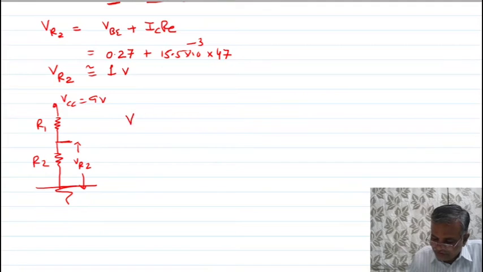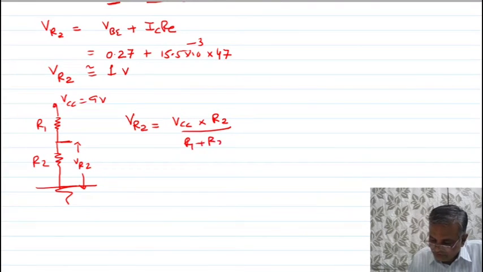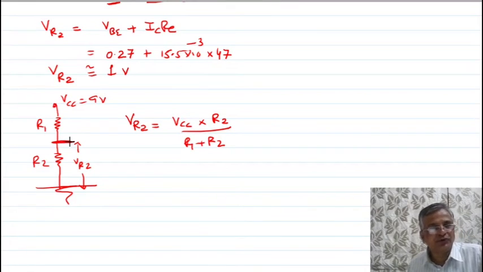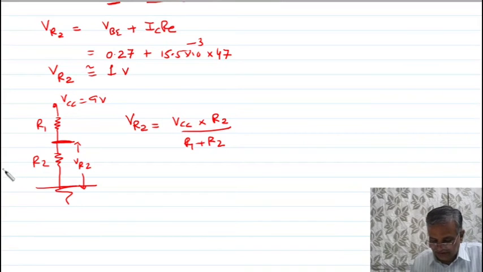You already know the equation. Voltage across the second resistor is supply voltage into resistor R2 upon R1 plus R2. You know this is the voltage divider equation. If you do not know, then tell me. Voltage across this is nothing but the applied voltage into this resistance upon total resistance, that I have written.